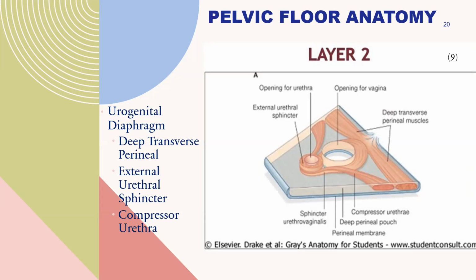And then we also have the urethra. These muscles wrap around the urethra, and they primarily help with peeing. We also have tissue that serves as an attachment point for the muscles and organs above it.